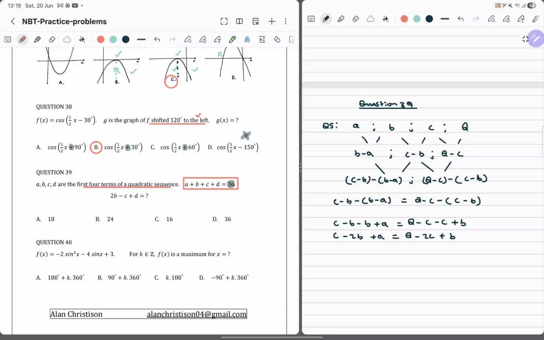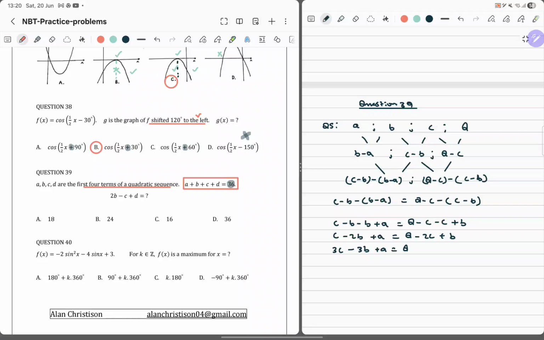So we move everything that is common. So 2C goes to the other side. We get 3C minus 3B plus A is equal to D. Okay, so we can say safely we isolated D here.